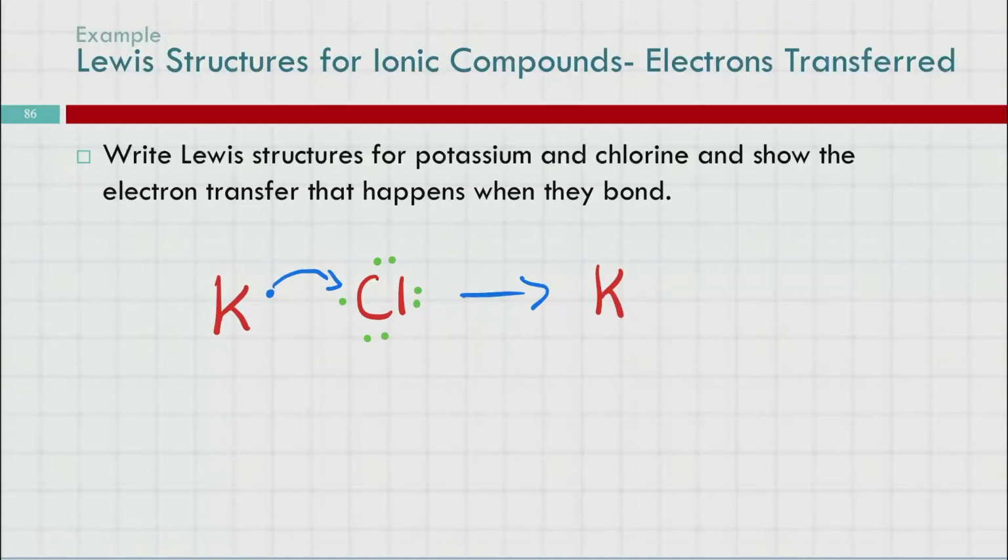This then becomes K+. And we'll have the chlorine with its one electron from potassium and the 7 that it started with. And to make it clear that these electrons belong only to chlorine, we put brackets.